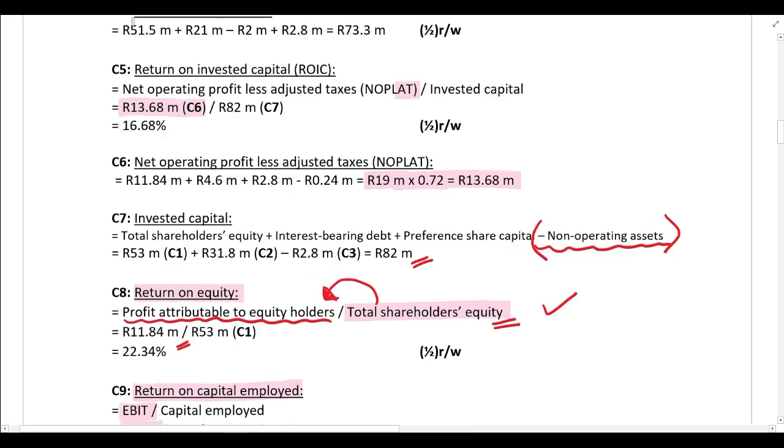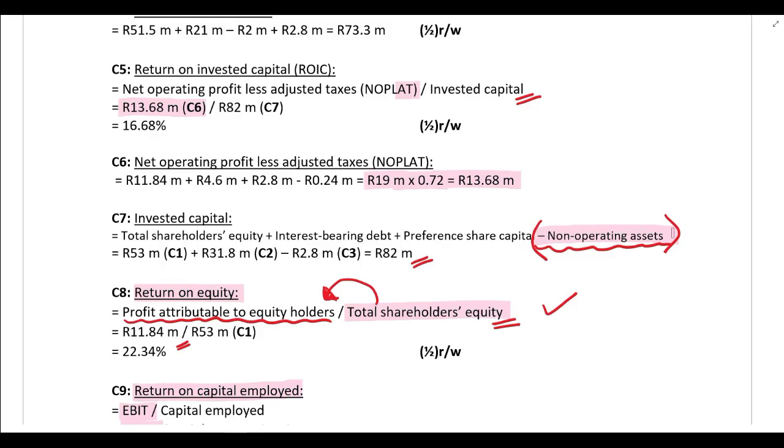Another difference between the two is with return on invested capital, we are dividing by invested capital, and it's important to note that invested capital excludes non-operating assets. So in other words, we are focusing on the capital that is actively circulating in the business and not capital that is sitting in investments somewhere.